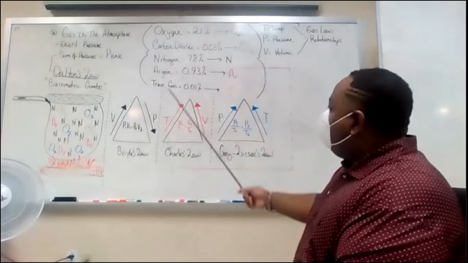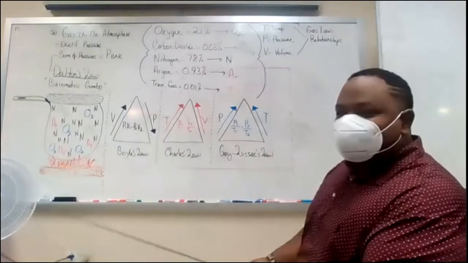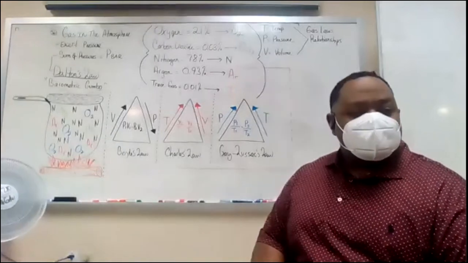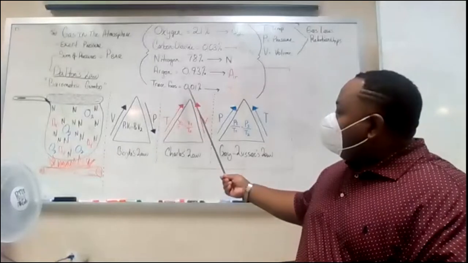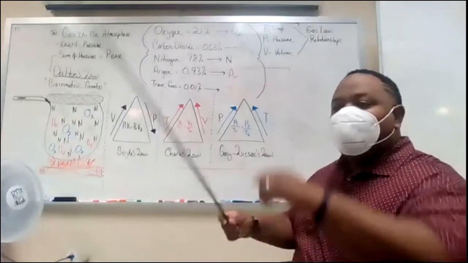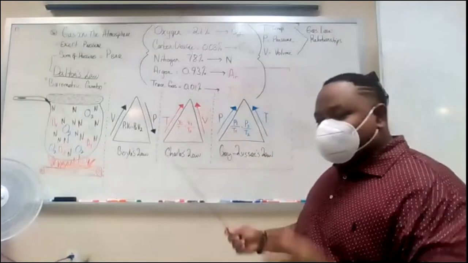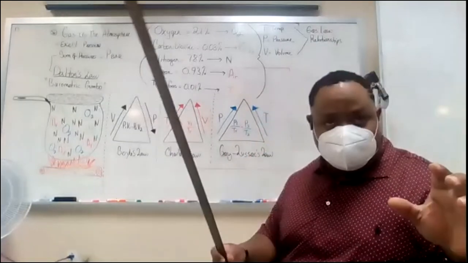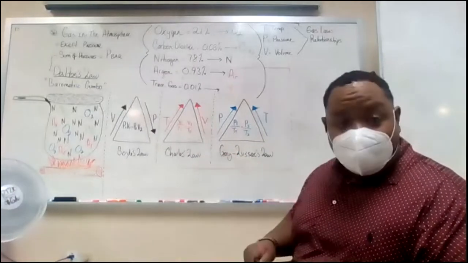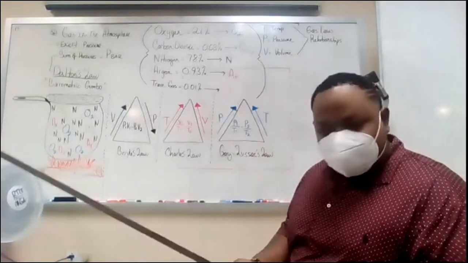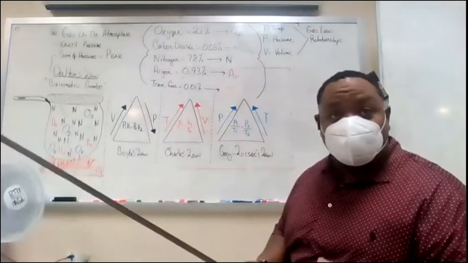Argon is 0.93%, and trace gases, like farts, the farts of the world, just a small amount, are about 0.01% of the atmosphere. Each of these gases is floating around in here right now at its own respective percentage. Room air is 21% oxygen. That's actually 20.95, but we go with 21%.